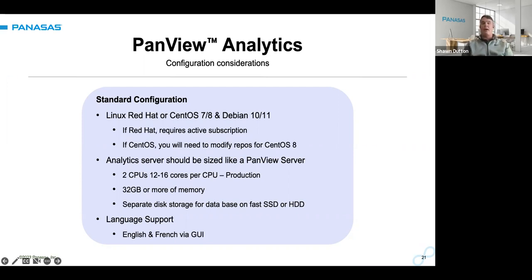But it really depends on the amount of data that you're looking at and analyzing for your capacity. 2 CPUs, 12 to 16 cores, 32 gigs of memory, and a separate disk for your database is key, right? You want to separate it from your OS and try to have it on a little bit faster disk, so when you start doing those analytics and searches, it comes back quicker. And language support is English and French within the GUI.